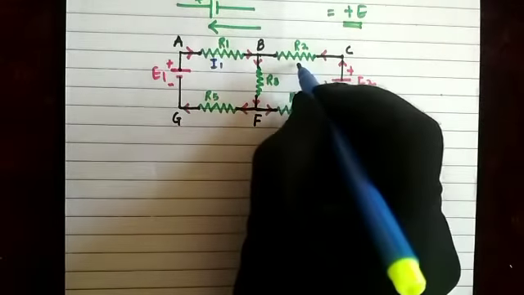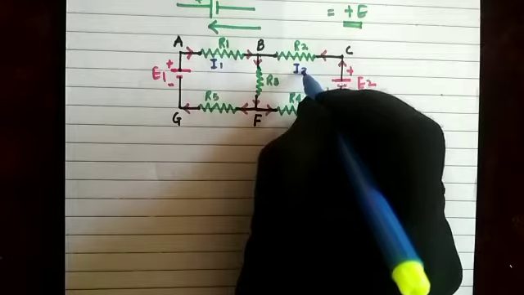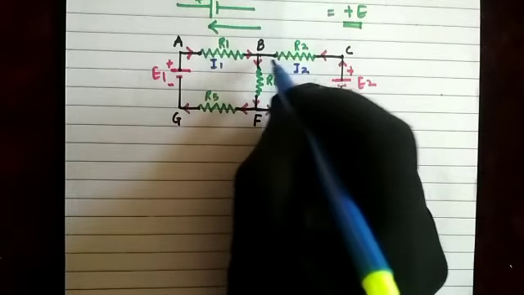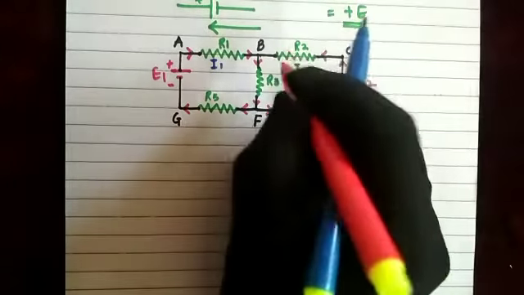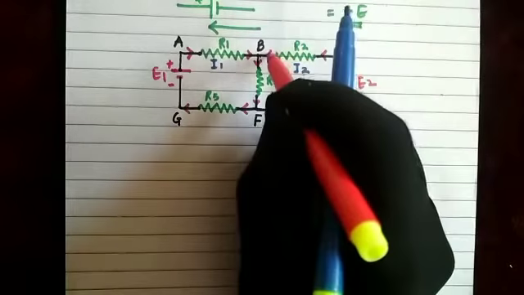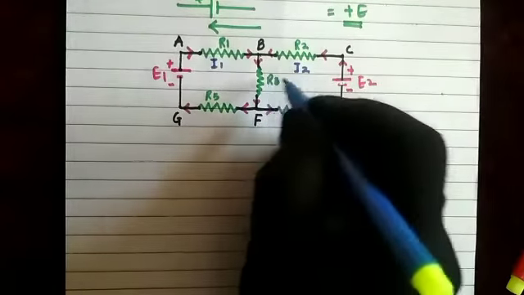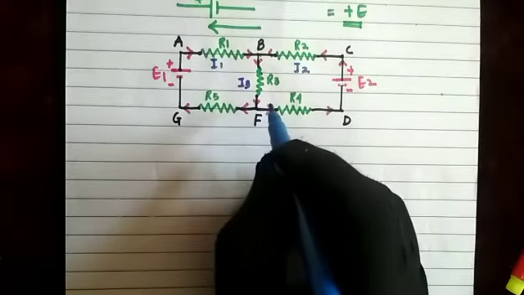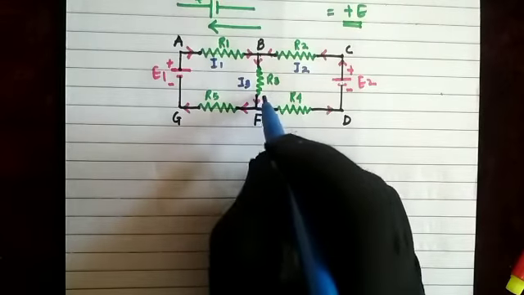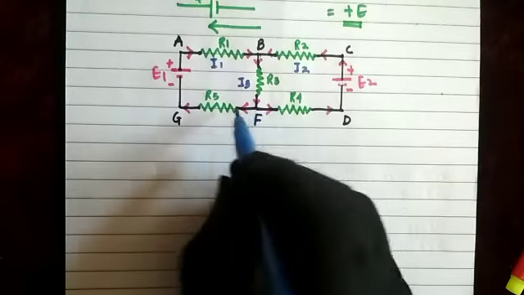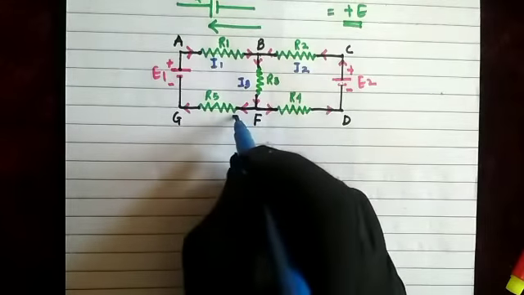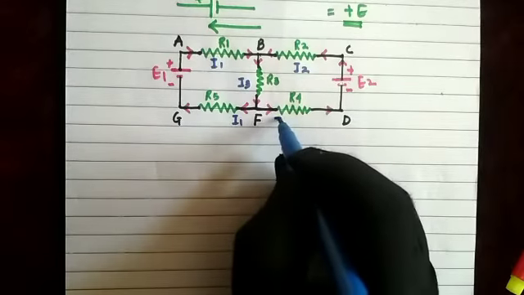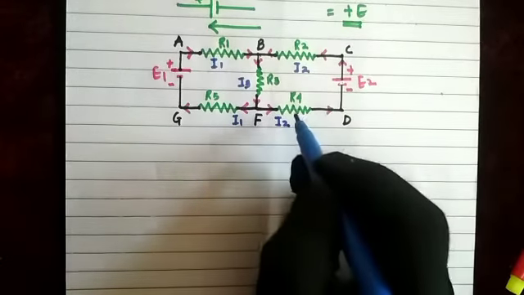The current across R2 will be considered as I2, and you can see I1 plus I2 is going across R3, so here it will be considered as R3 and I3, and further this I3 is going to divide into 2 currents, that is nothing but I1 and I2.